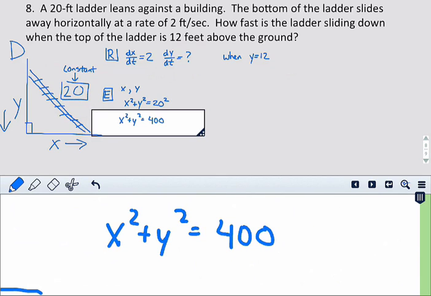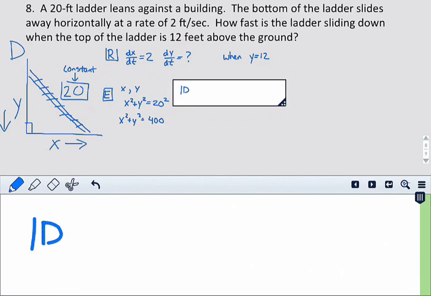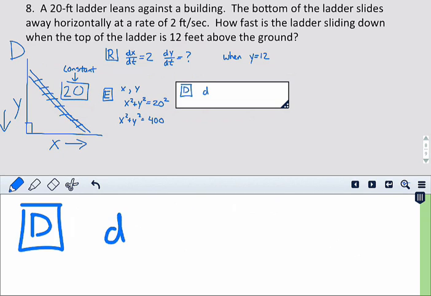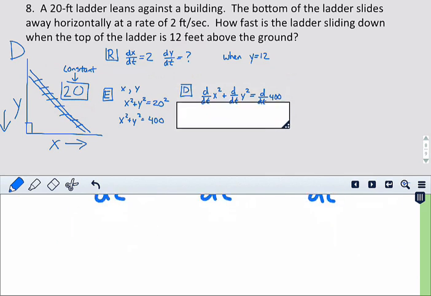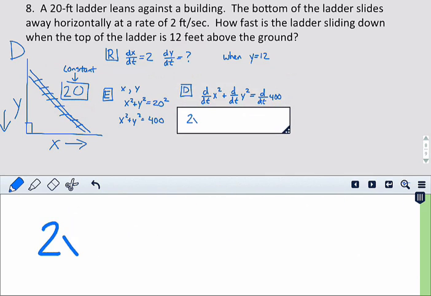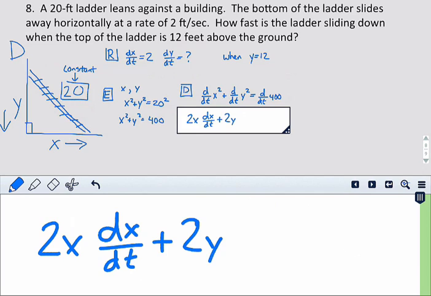And now we can go ahead and differentiate. So we're going to have the derivative with respect to t of x squared plus the derivative with respect to t of y squared equals the derivative with respect to t of 400. So we're going to get 2x dx dt plus 2y dy dt.